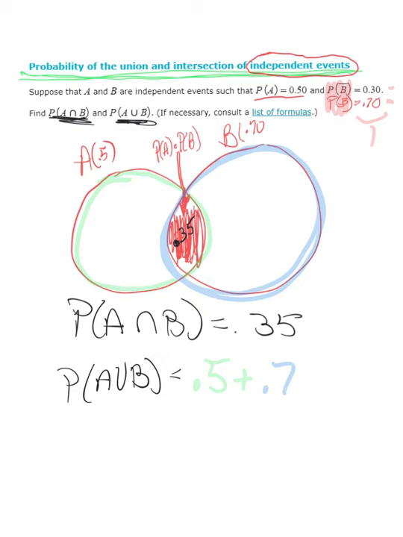However, we counted this area twice. It got counted both times. So I got to subtract that out one time because I don't want to count it twice. So I'm going to do 0.5 plus 0.7 minus that intersection since I counted it twice. And that answer is going to be 0.85. So the probability of A union B is 0.85. The probability of A intersect B is 0.35.